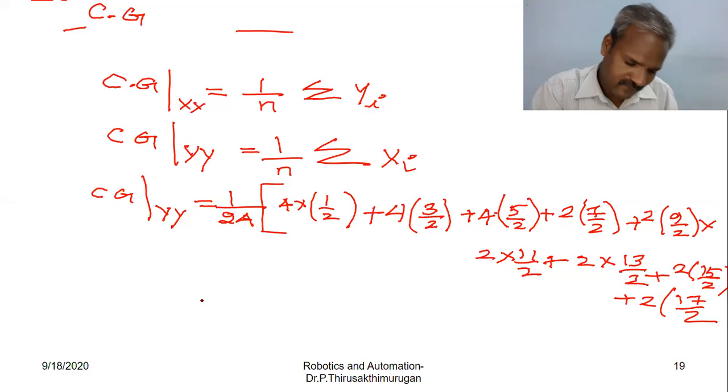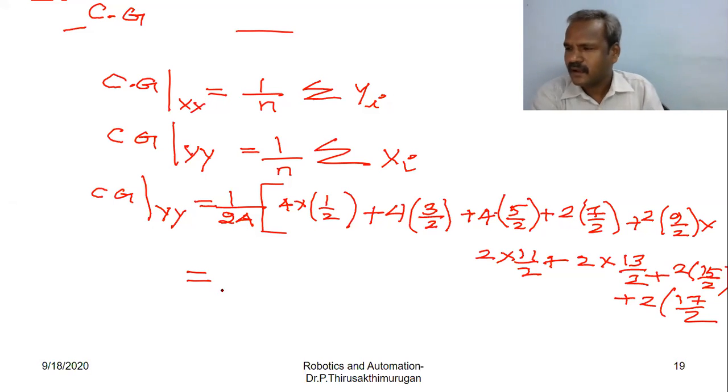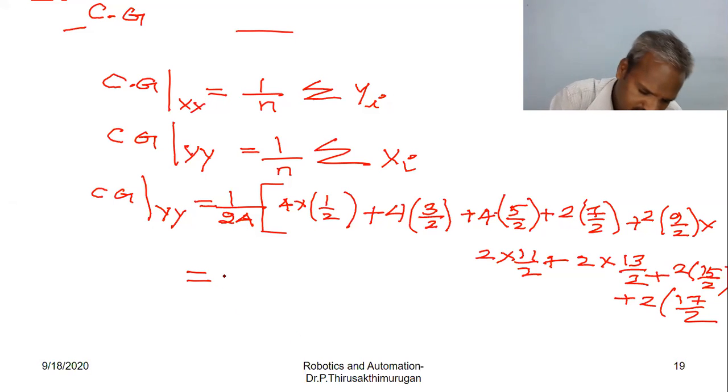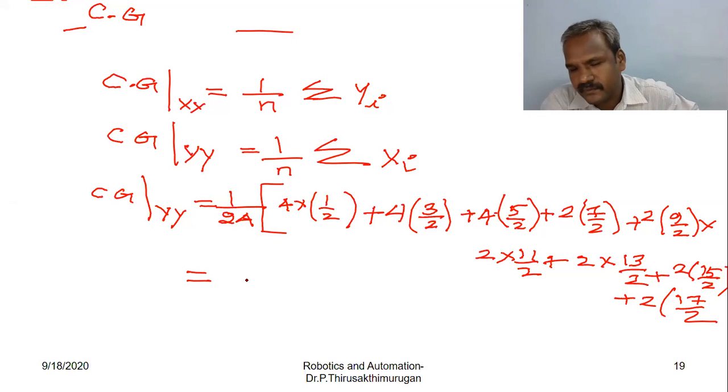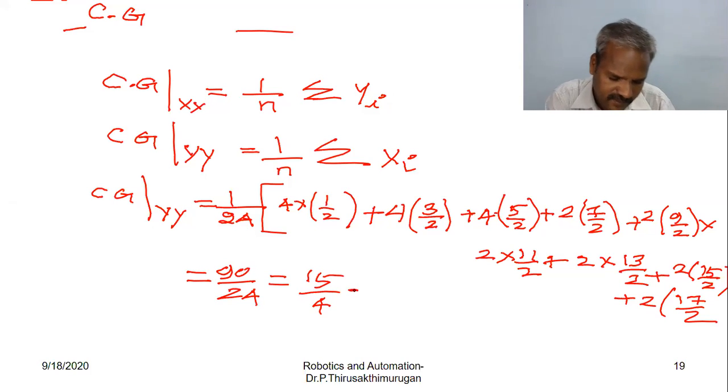Can you tell me the value? 90/24, sir, total. So it is 1/24 into 90. 90/24 gives 3.75, sir, 15/4. Yes sir, 3.75 comes.